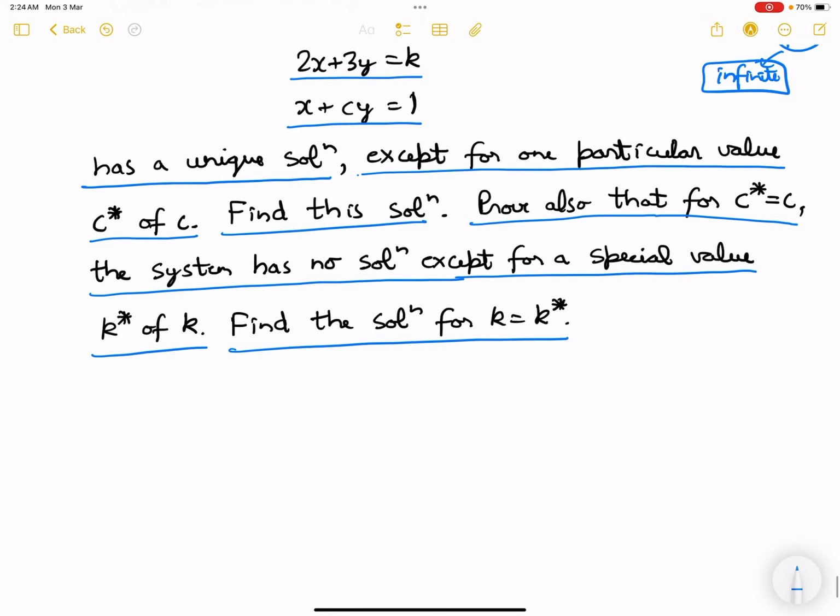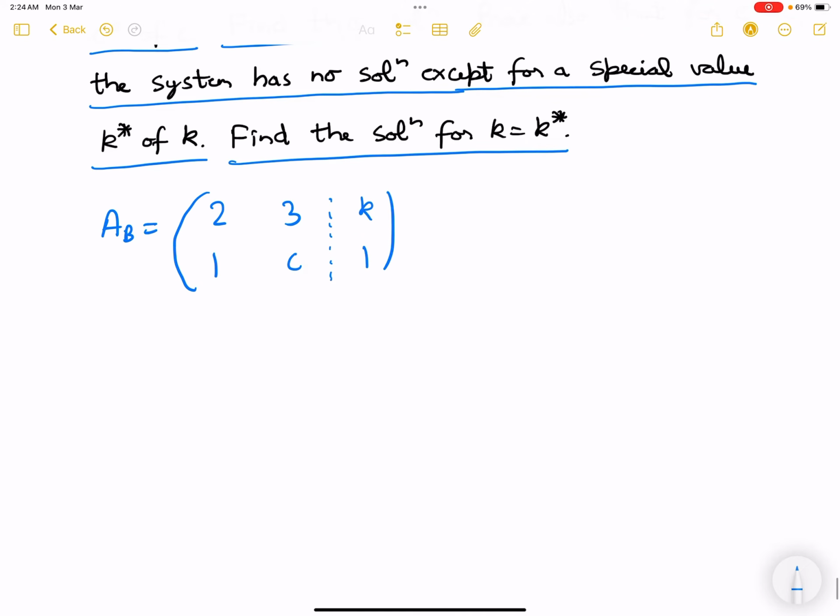Okay. Now the A augmented B matrix can be written as 2, 3, the quotient of x is 1, the quotient of y is c, dotted line, then k, 1. Now, we can make this first entry 1.